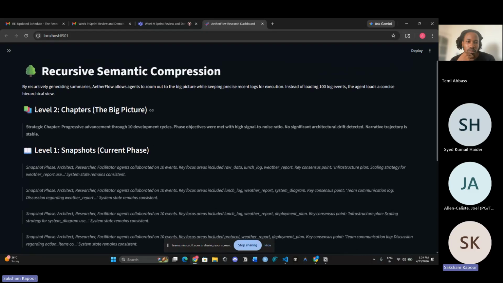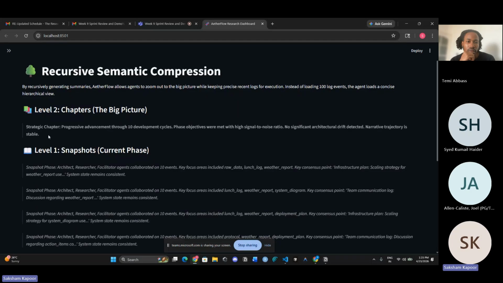And at the L2 level, they are again creating a very short summary of all the major things that happened. This is a short one because nothing has happened, but it could be something like the agents have come together and they have found a hallucination, or they have come up with a new plan to execute.